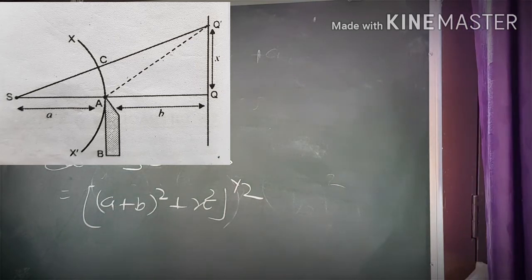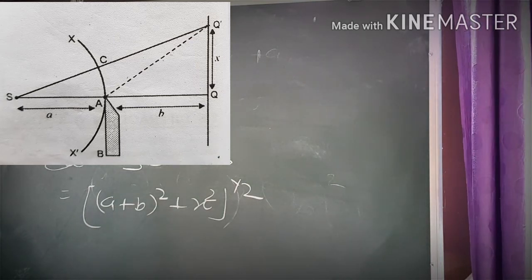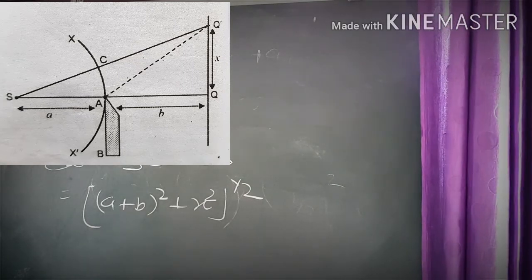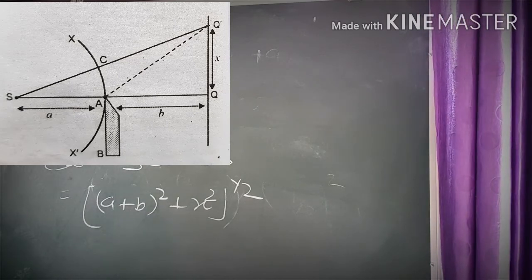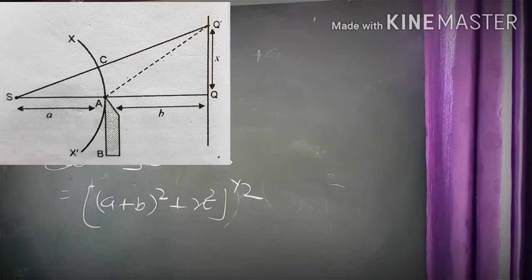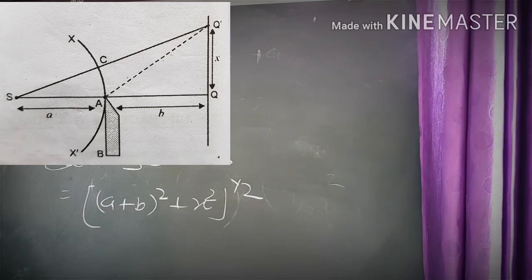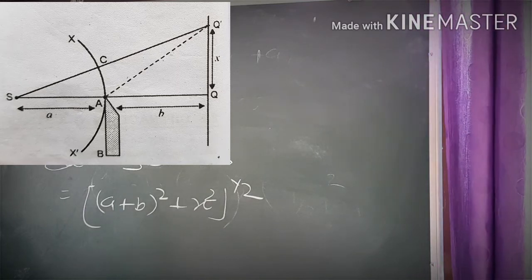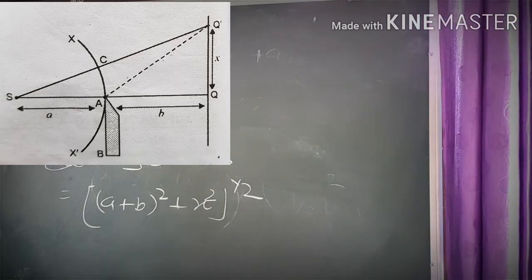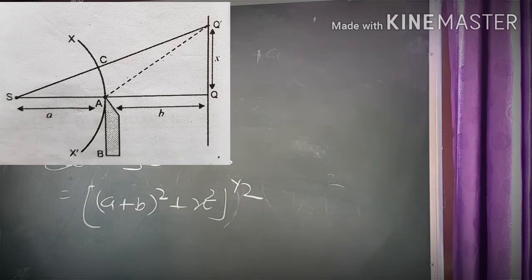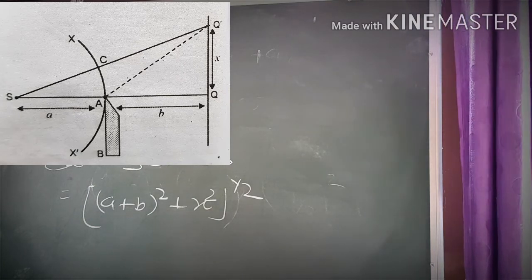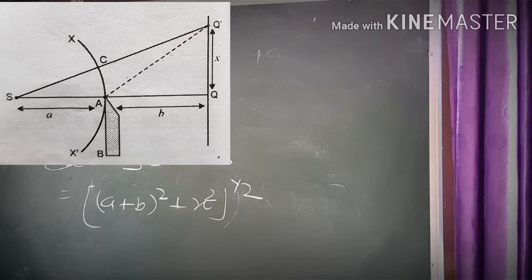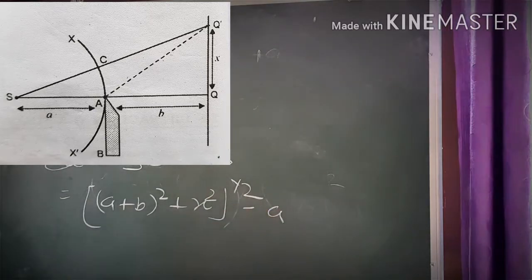This is SQ dash, and SC is approximately equal to SA, because x is very small. Practically x is very small in comparison to small a and small b, meaning the distance between source of light and obstacle and screen. So we can write SC is approximately equal to SA. So its value will be small a.